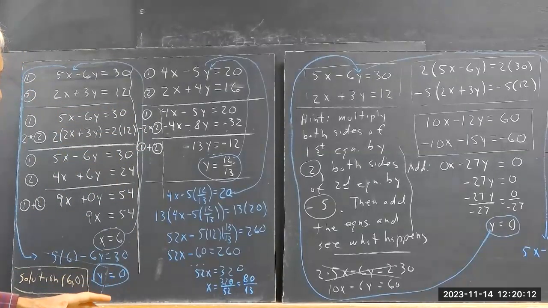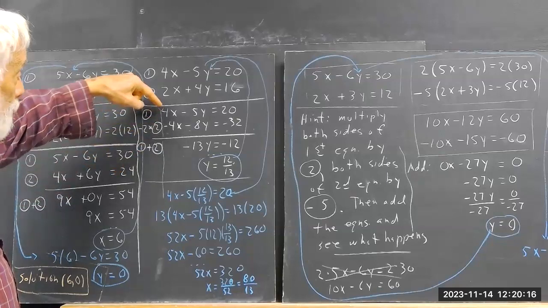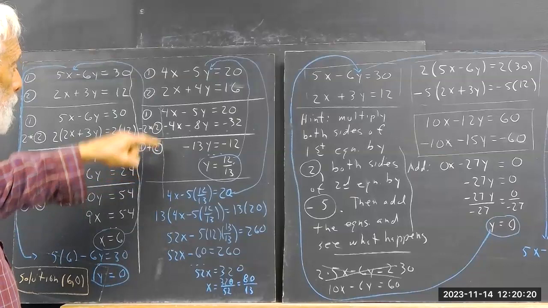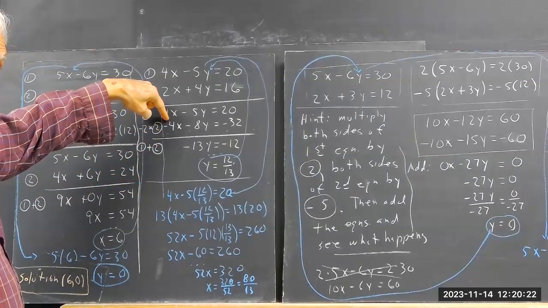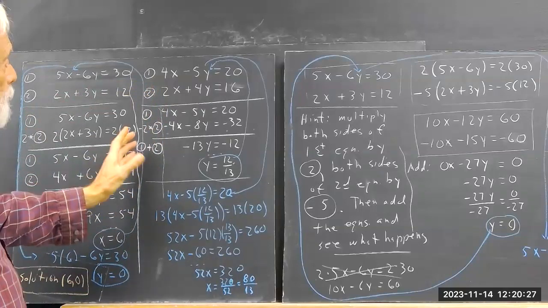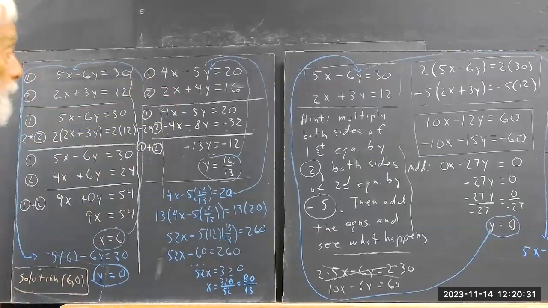Remember that a 1 here means the previous equation 1. A 2 here means the previous equation 2. Okay? So the number always refers back to the previous step. But please do your best to follow that format. I think it'll be very beneficial for you.